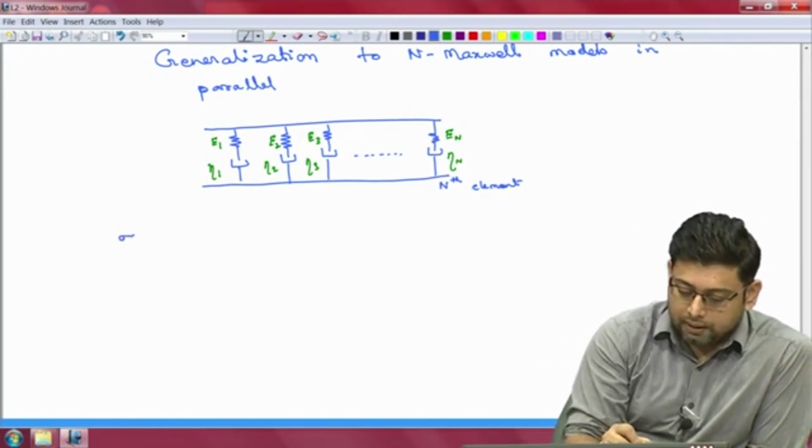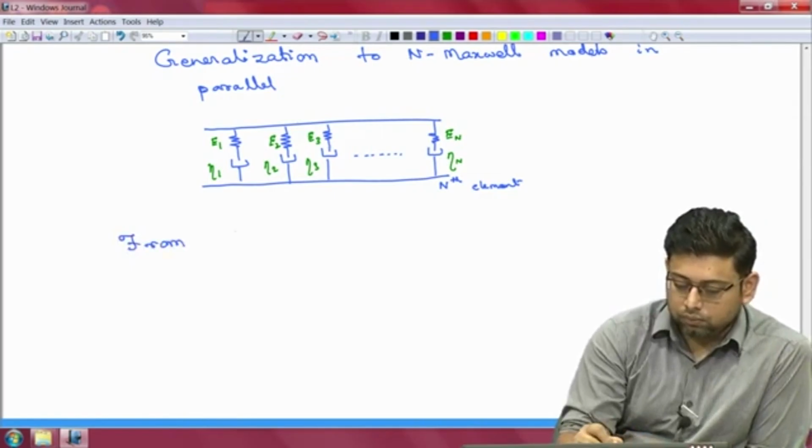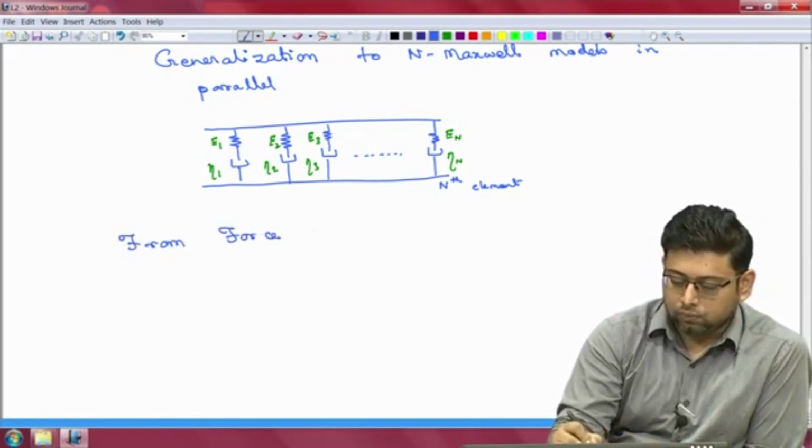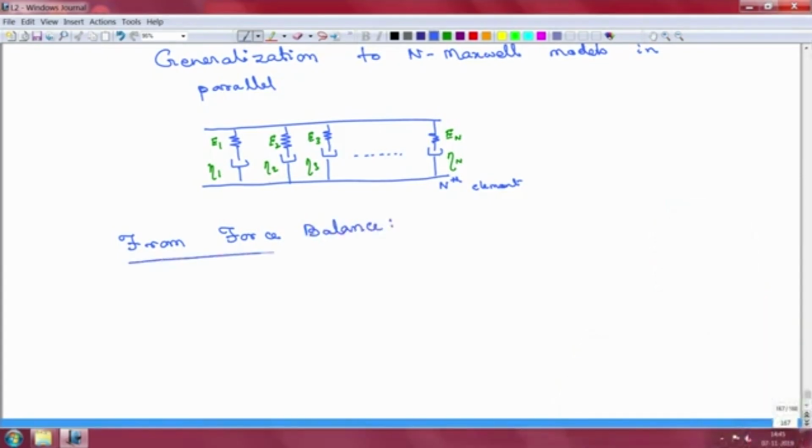So, from force balance, once again the system will experience a net force, which is going to be a sum of all the individual forces. In this case, Ft is nothing but a sum going from i equals 1 to n of Fi.